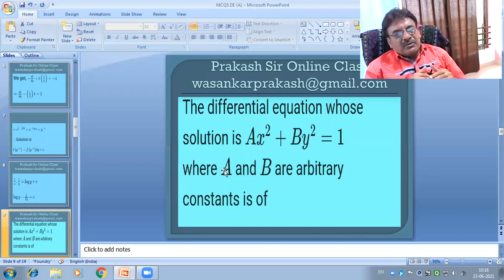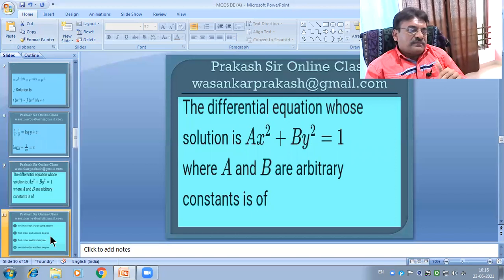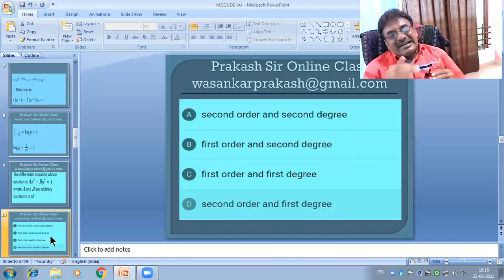The differential equation whose solution is ax square plus by square equals 1, where a and b are arbitrary constants, is of: option A, second order and second degree; option B, first order and second degree; option C, first order and first degree; option D, second order and first degree.